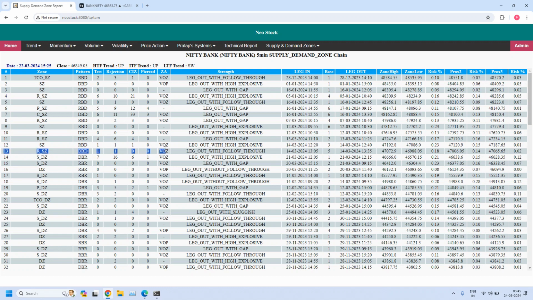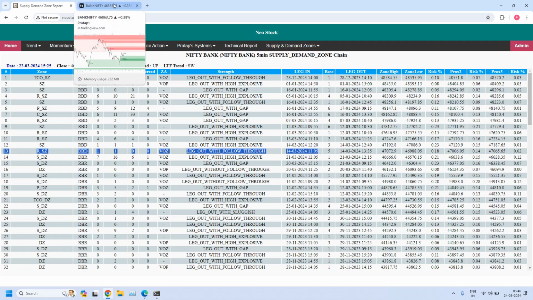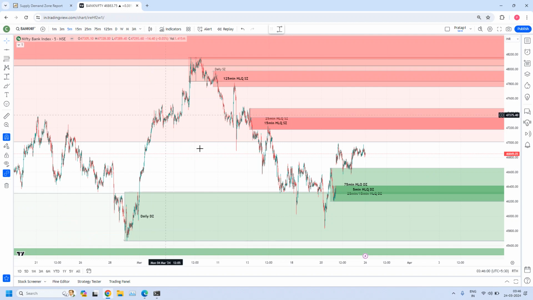The 13th is the immediately available high liquidity supply zone. So 14th February 2024 at 1 o'clock, 5 minutes. After that, 5 base candles. This is the immediately available 5 minute supply zone. 14.3, 13.5.